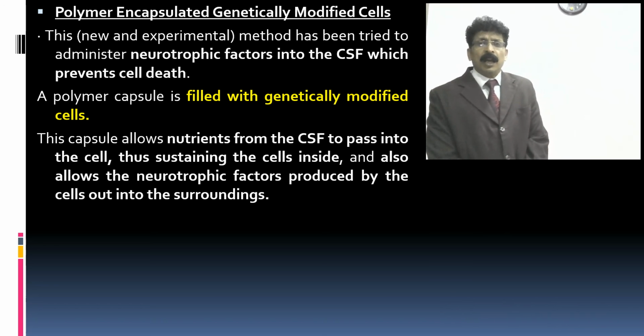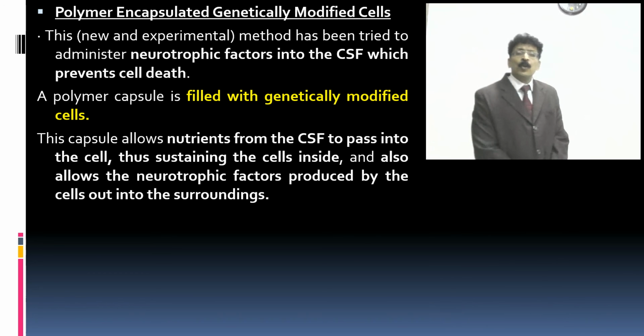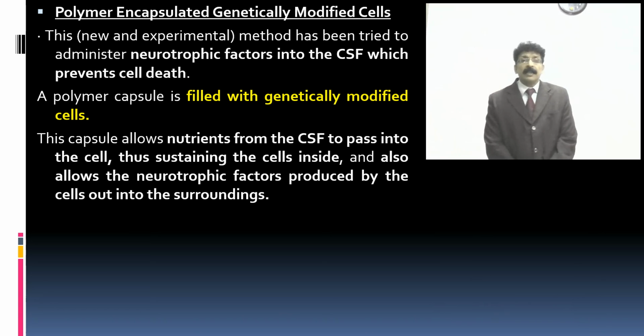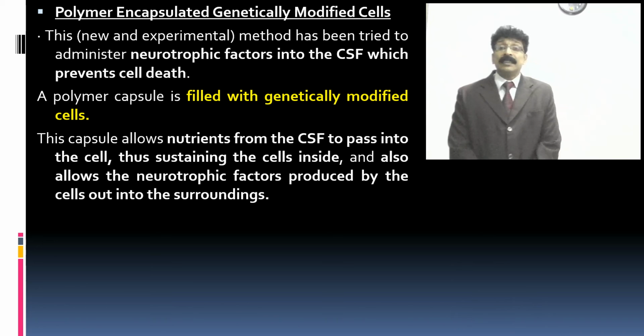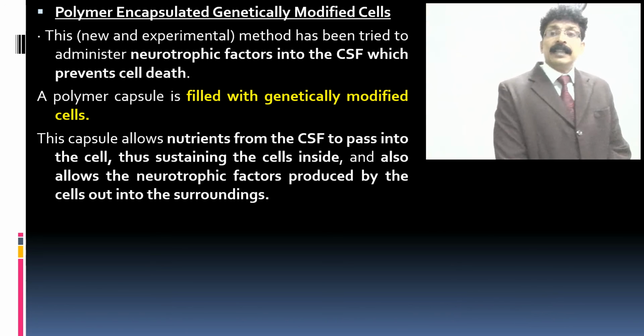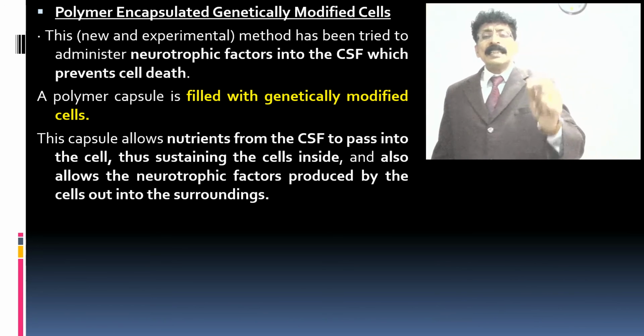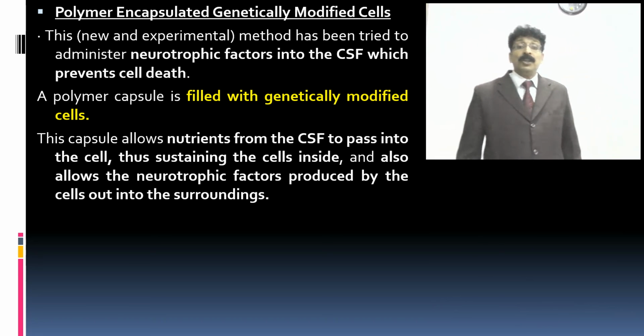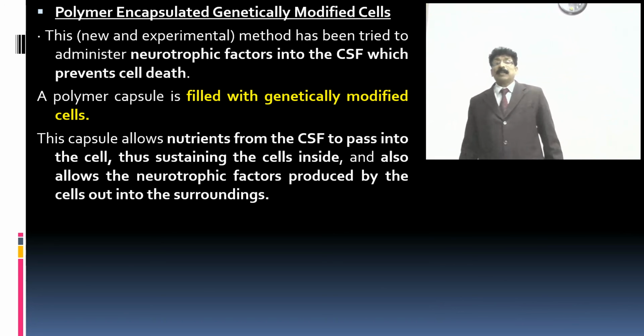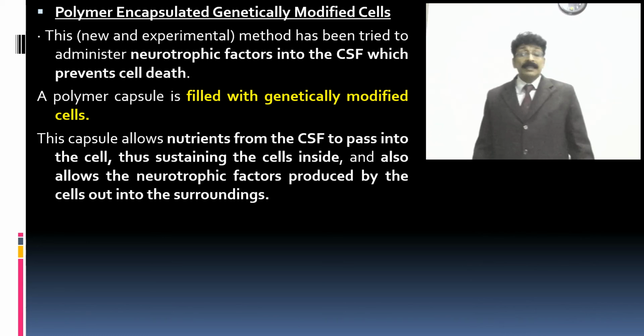A polymer capsule is filled with the genetically modified cells. This capsule allows nutrients from the CSF to pass into the cell, thus sustaining the cell inside, and also allows the neurotrophic factors produced by the cell out to the surroundings.